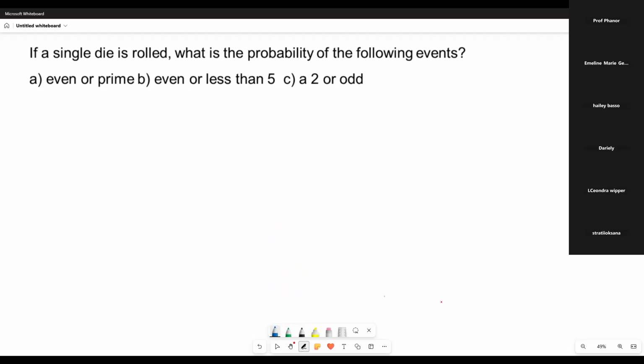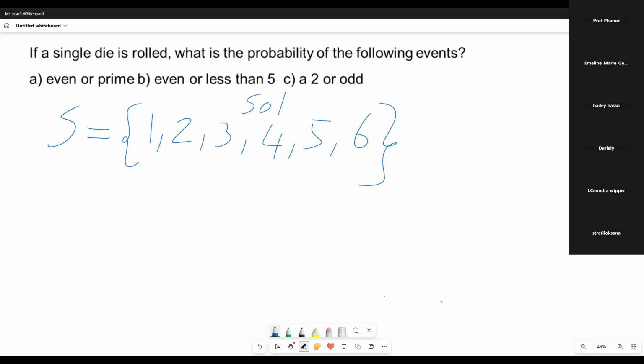Okay, so talking about a single die, the sample space will be 1, 2, 3, 4, 5, 6, because a die has 6 faces.